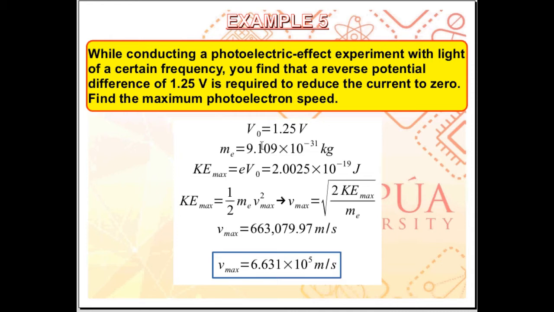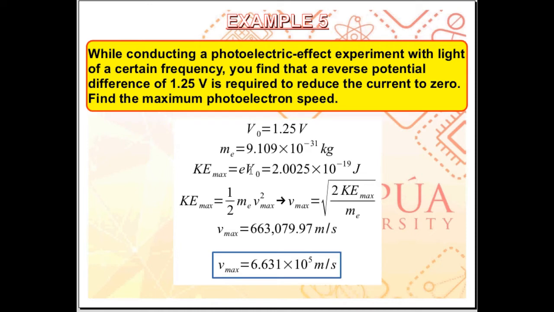We're talking about electrons, so the mass of the electron we already know: 9.109 times 10 to the negative 31 kilograms. An electron subjected to the stopping potential, or reverse potential difference, V naught, will have an energy of eV naught.